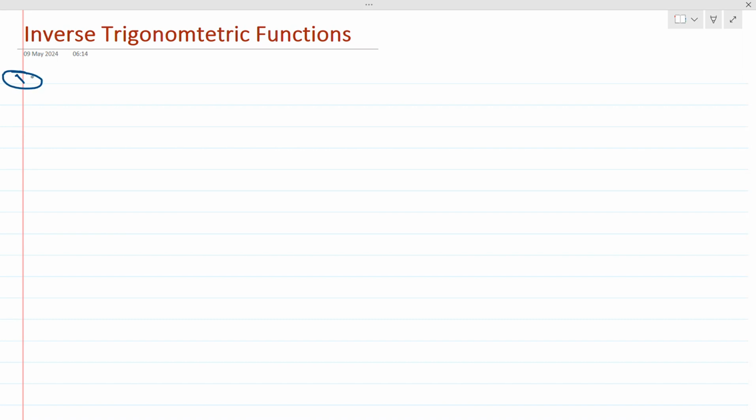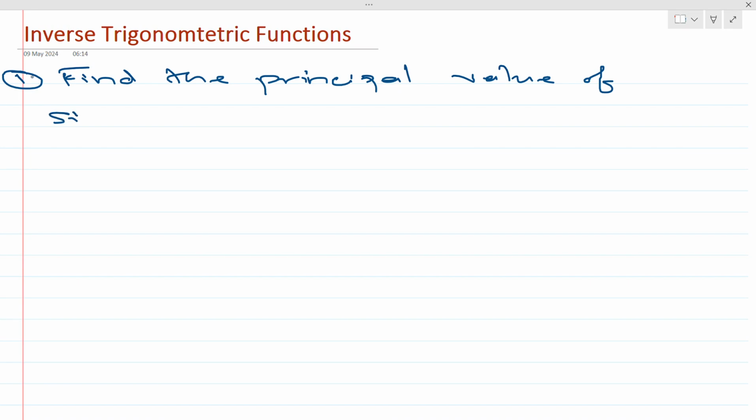Find the principal value of sine inverse 1 by root 2. Answer format is sine inverse 1 by root 2.